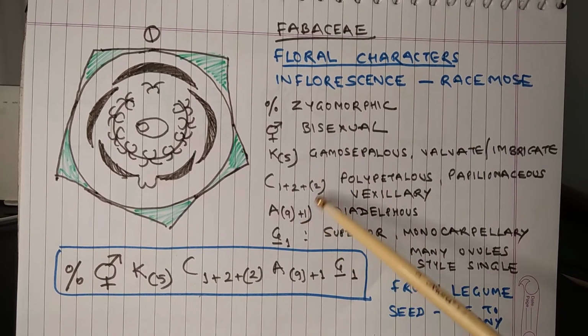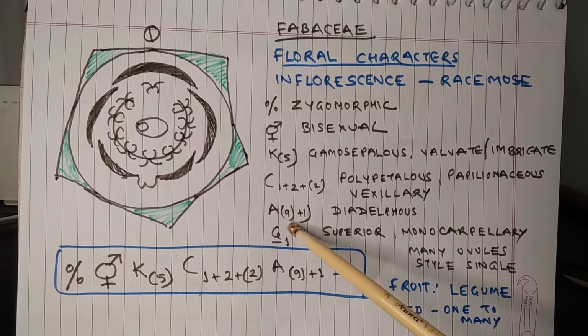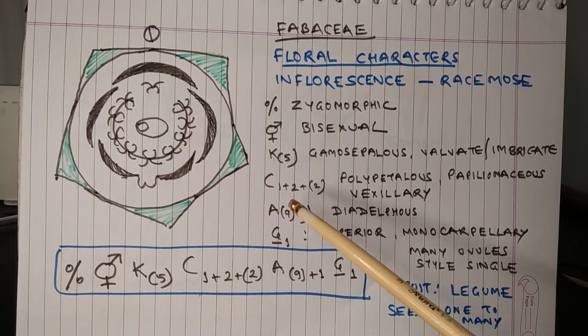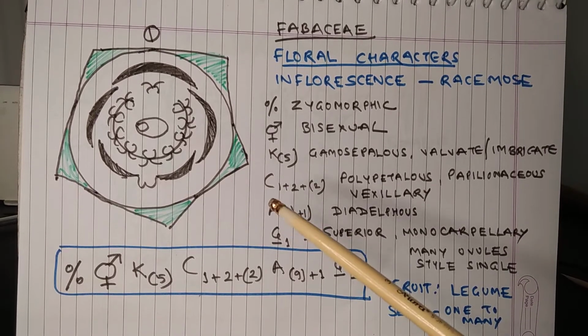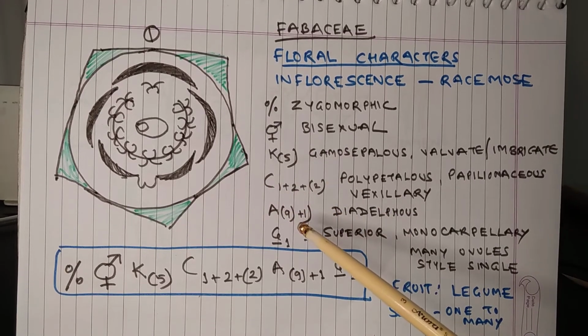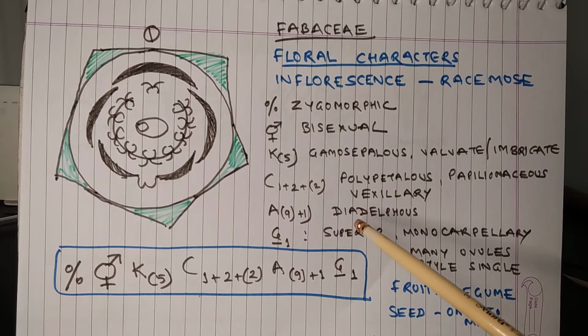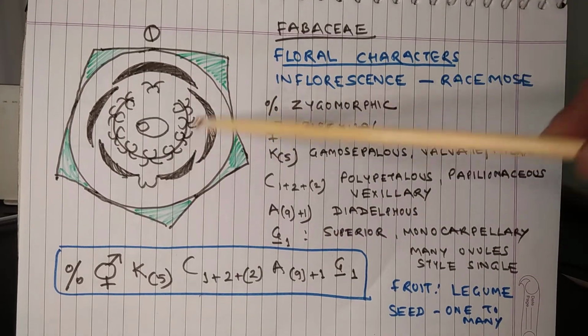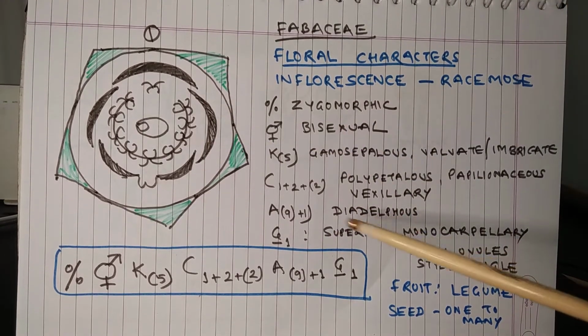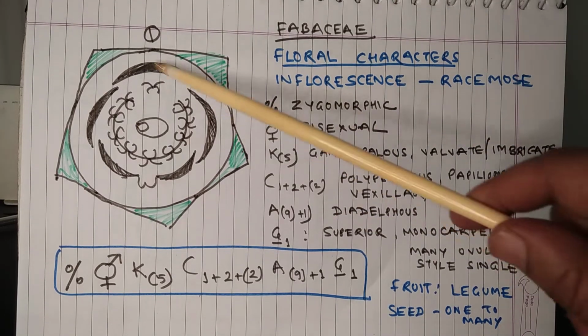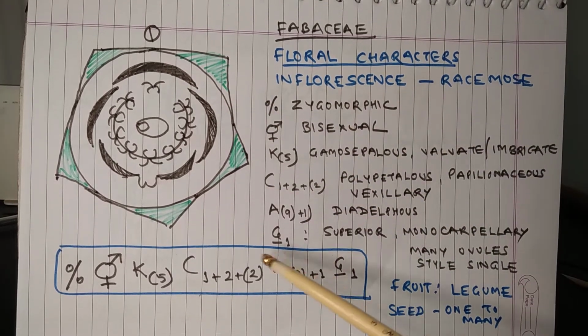A is 9 plus 1, and 9 is written in bracket. So which means that the anthers are synandrous or united, and the synandry is diadelphous, which means there are 2 groups of anthers. One group has 9 stamens and another group has just 1. So one is free, others are united.